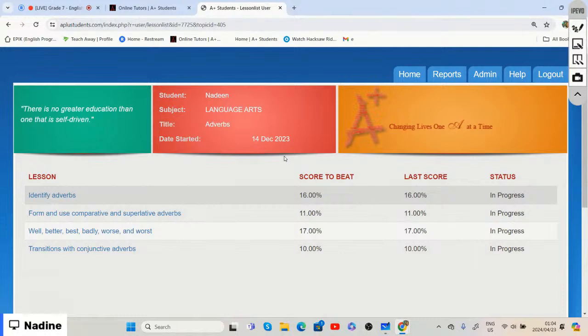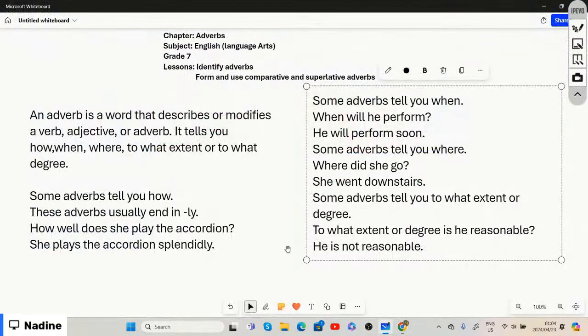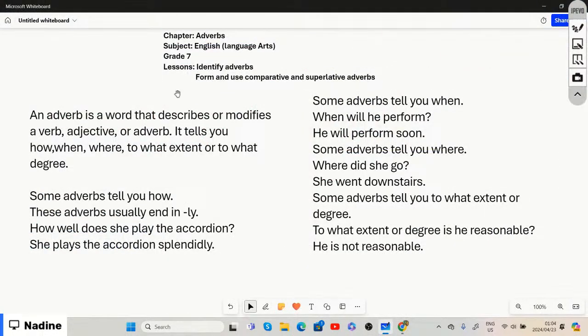All right. So our chapter is adverbs. Our subject is English language arts, grade 7.